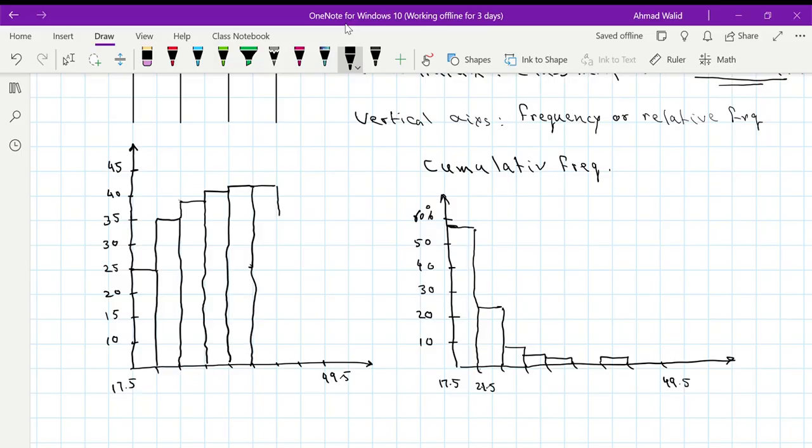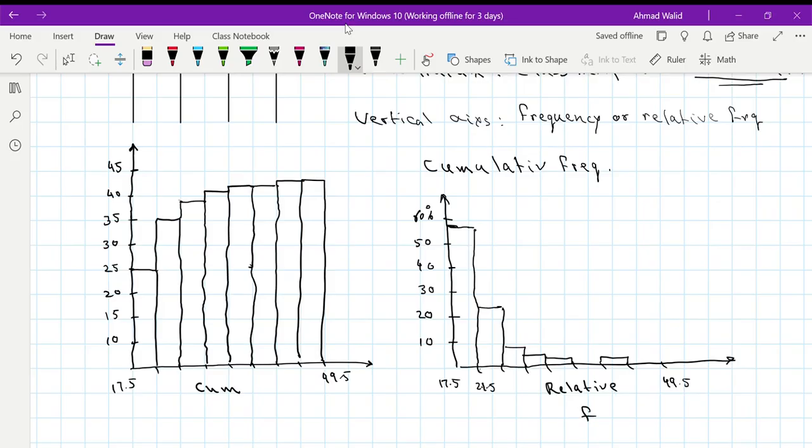I'm sorry about my bad drawing. I don't want to waste time to use a ruler. Then you can use a ruler. Then 43 and 43 again. This is the cumulative histogram. This is relative frequency.